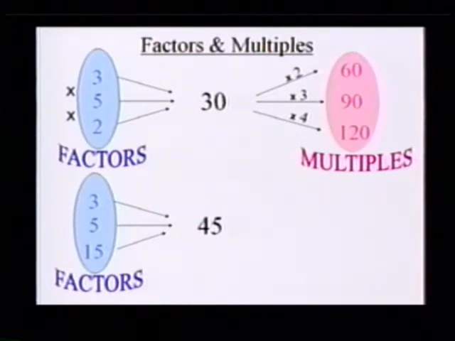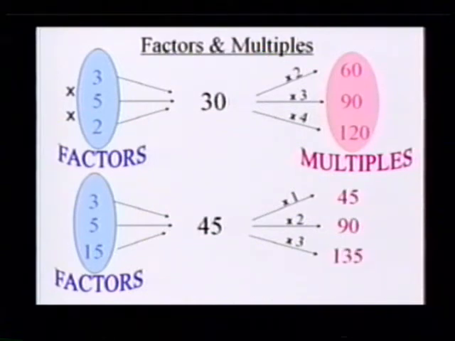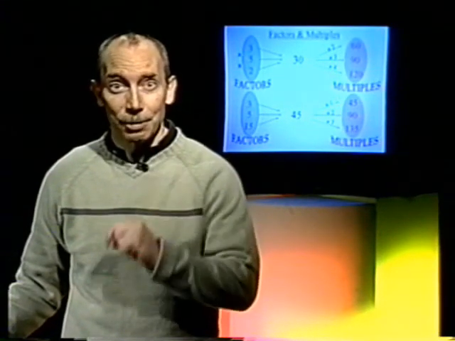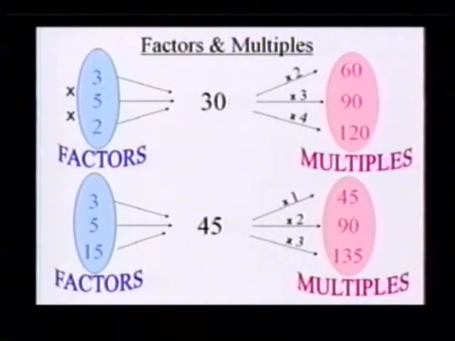The numbers that number goes into, 45 is a multiple of 45. Think about that. 90 is a multiple of 45. And what's 45 times 3? 135 is a multiple of 45. So you get the idea, the difference between factors and multiples.